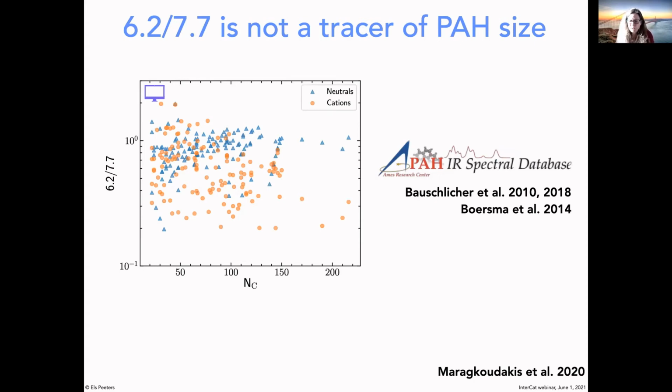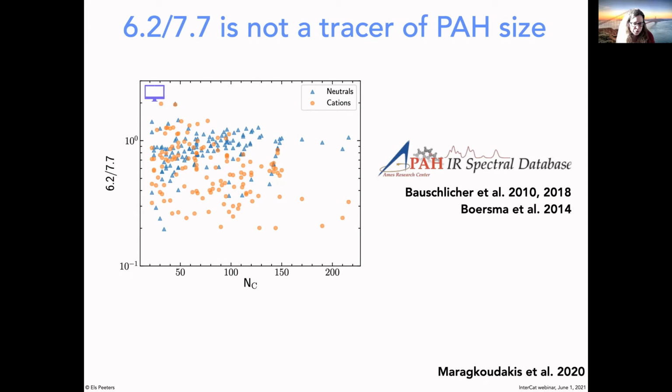So if you go to the NASA Ames PAH infrared spectral database, this is a database of a large number of theoretically calculated spectra of PAH molecules, as well as experimental spectra. We here consider only the theoretical spectra, and you can basically submit all of these PAHs to a given radiation field and calculate what the emission spectrum is, and then see what the ratio of the 6.2 over 7.7 is.